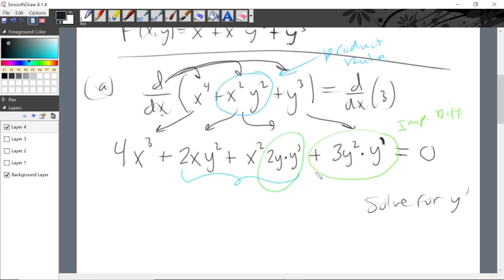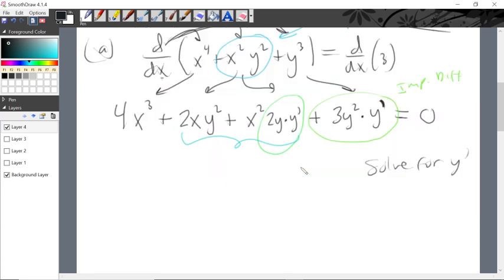We can do that by collecting the terms that have a y prime in them. We have this term and this term. We have two terms that have y prime. So I'll keep those. I'll write this one as 2x squared y prime, and then this one as plus 3y squared y prime.